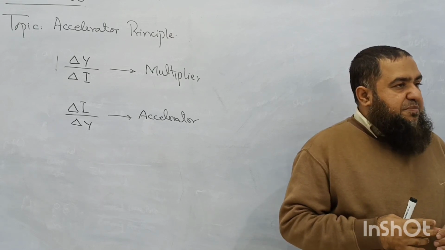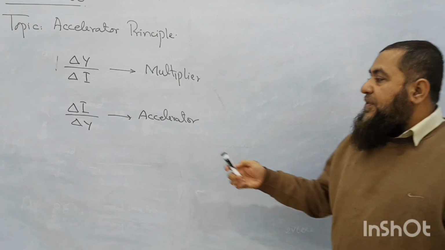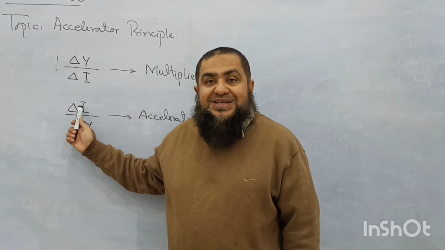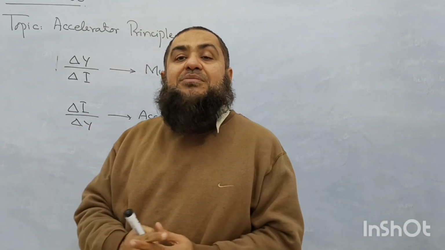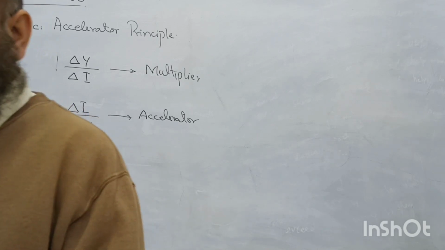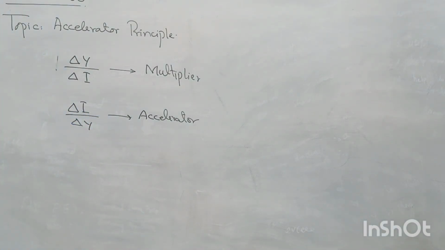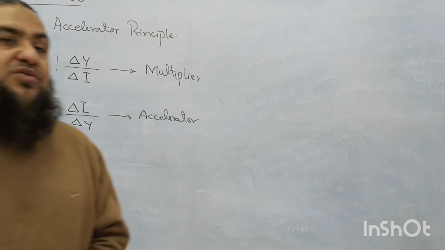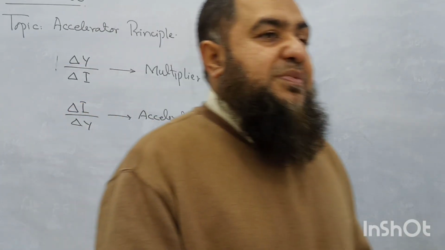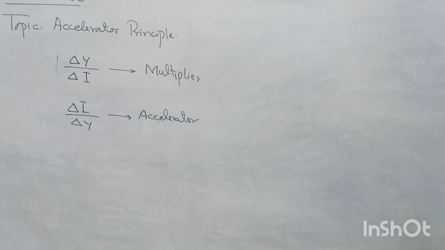Now as people are spending more part of their income, the producers will increase their investment due to increase in income in the economy. So when investment is induced due to increase in national income, that is called accelerator principle.